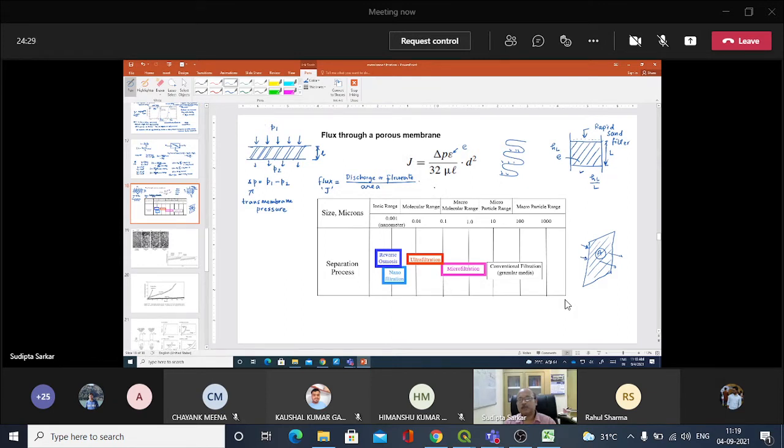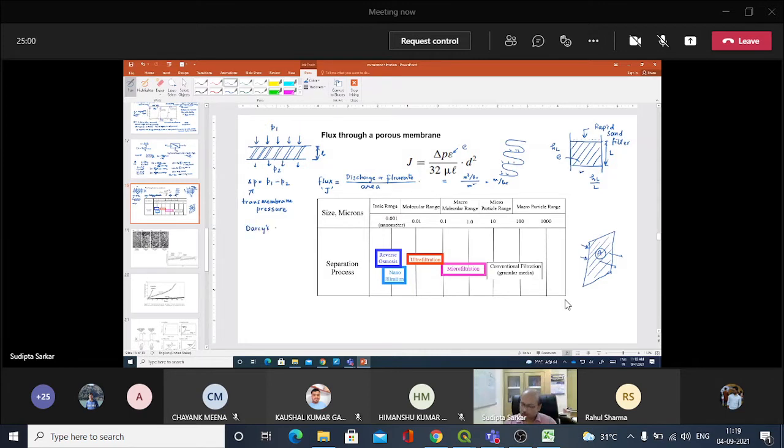If you look at the dimension, flux is, let's say, meter cube per hour per meter square. So it has a unit of meter per hour, which is the unit of velocity. And when we talked about flow through a porous media, we always look at Darcy's law.